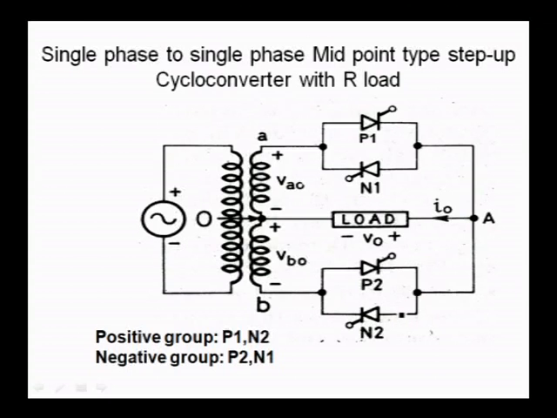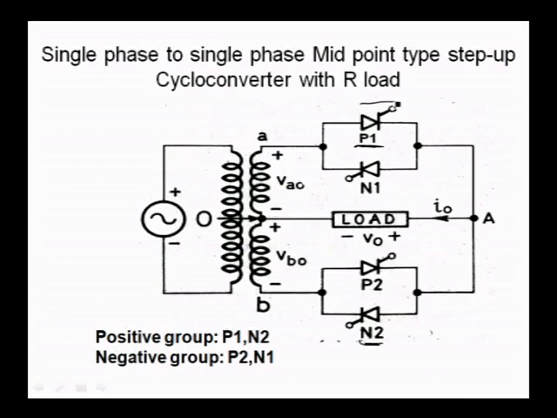Four thyristors are used, and we have two groups. One is the positive group, P1 and N2. See the direction of P1, this is the conducting direction, and this is N2. This makes the positive group.